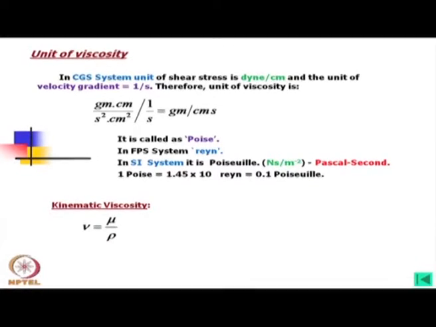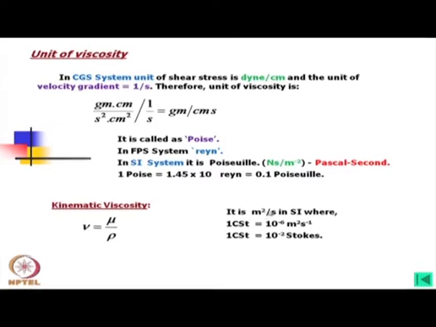Here rho is the density, mu is the dynamic viscosity. Now, one important aspect is that with the change in temperature there will be change in viscosity, but density may not change very much. So, definitely this kinematic viscosity will change with the temperature.